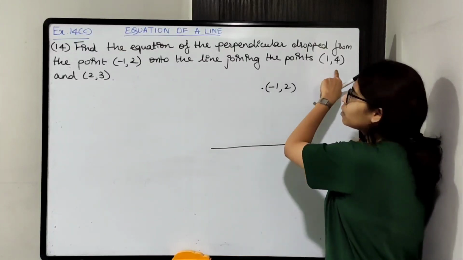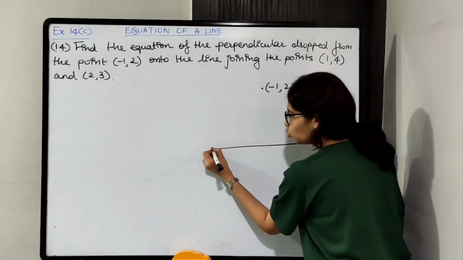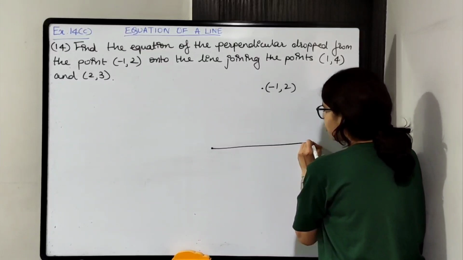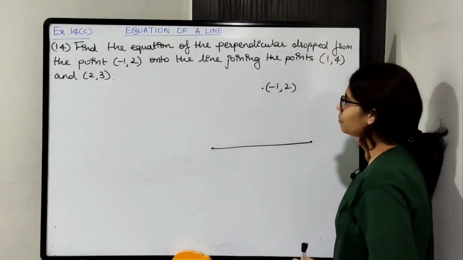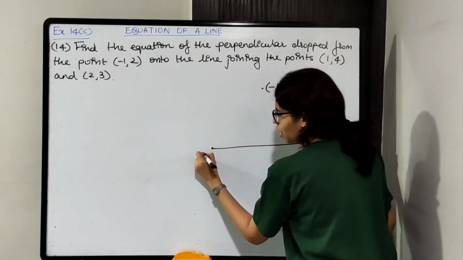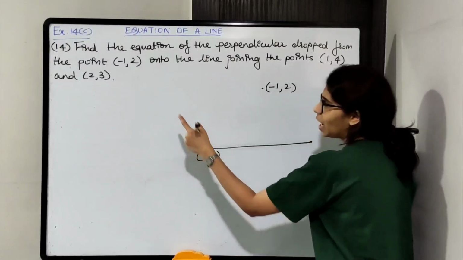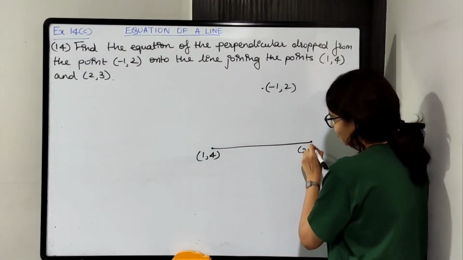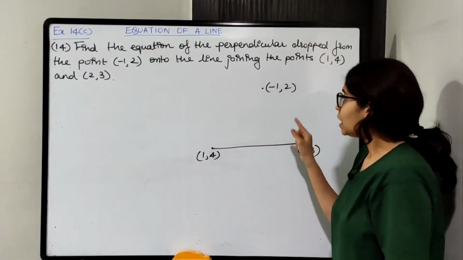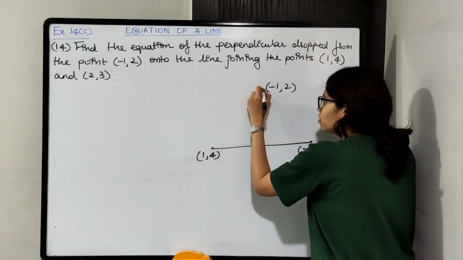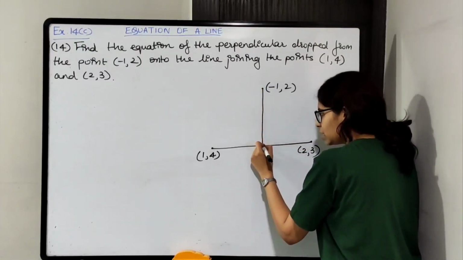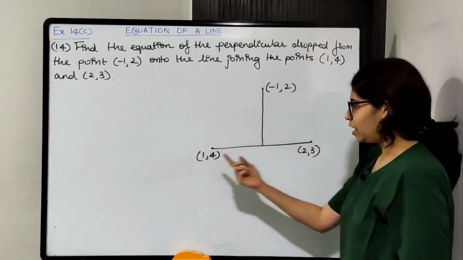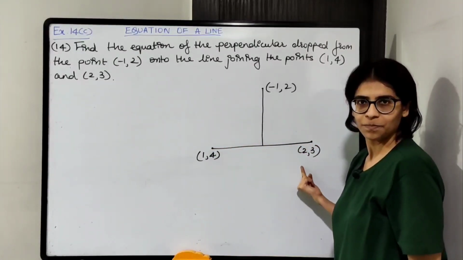So there are 2 points which join to form this line. The points are 1, 4 and 2, 3. So there is a perpendicular from this point to this line joining the 2 points.